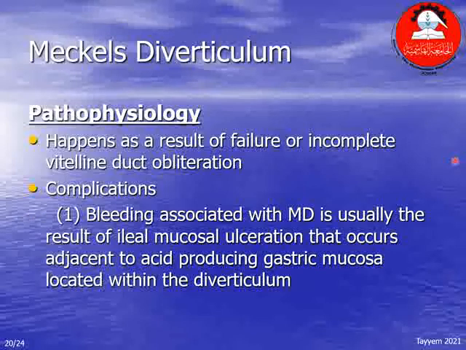Meckel's diverticulum is a result of failure of obliteration of the vitelline duct. The most common complication is bleeding, which is the result of ileal mucosa ulceration due to the heterotopic gastric mucosa found in the Meckel's diverticulum, producing acid and causing ulceration of the nearby ileal tissue.